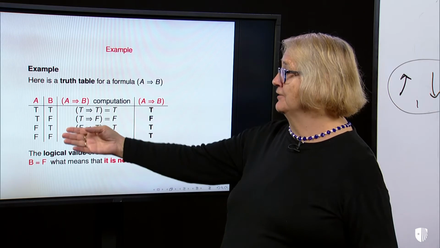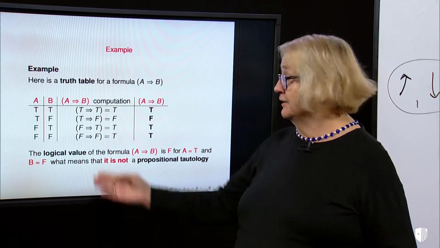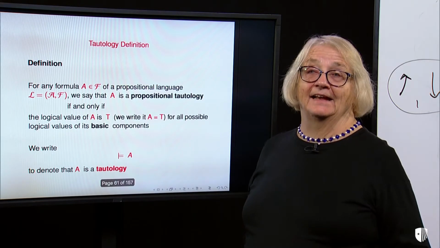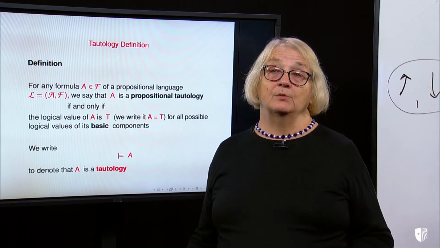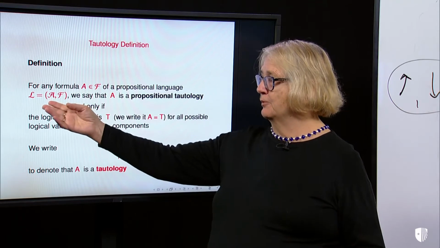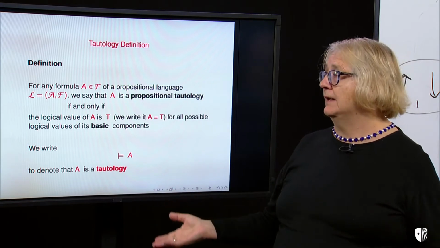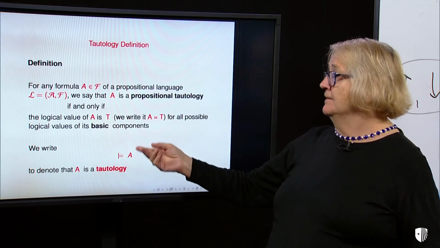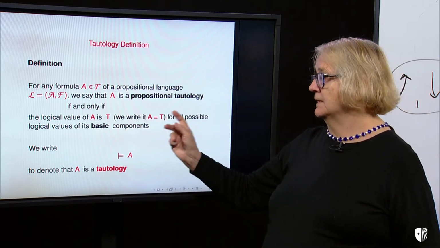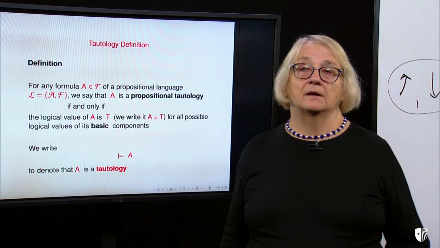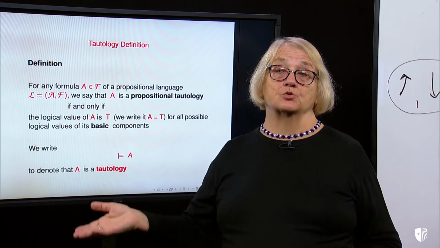Now, implication, you can rewrite the truth table for the formula A implies B, and here you can write it like that. And now the definition is, for any formula of propositional language, A is a propositional tautology if all logical values of A are T, it means we write A equal T, so all possible values of the formula A, we have always truth.